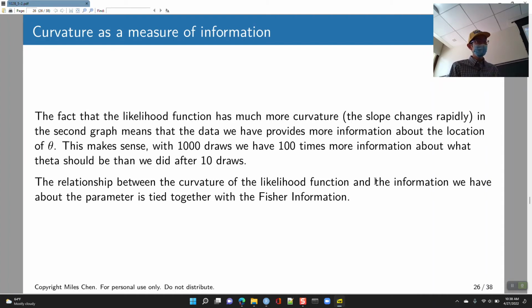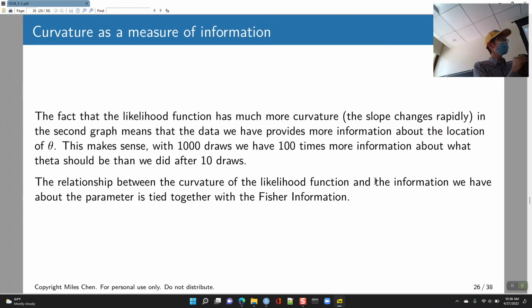located. Again, we don't know the exact value of the proportion of red marbles in the bag. We don't know the exact value. But after 1,000 observations, we have a lot more information regarding where it is, versus after only 10 observations, we don't have as much information.